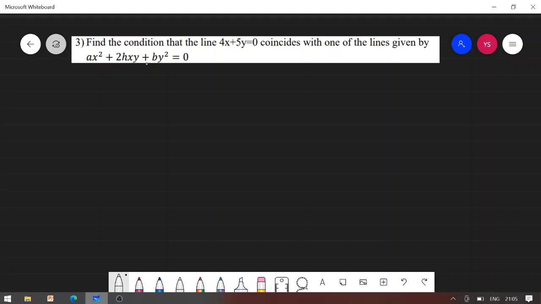Now look carefully. We have the standard homogeneous equation in x and y, that is ax square plus 2hxy plus by square equals 0.